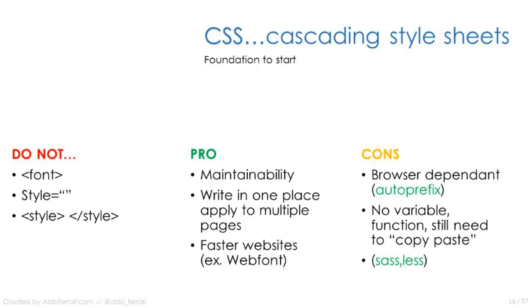That's why we say one of the pros of CSS is maintainability. That means you have one or more CSS files with classes that define your title, like 20 pixel red, and you apply the same class all over. You don't have to manually duplicate your style in all pages.